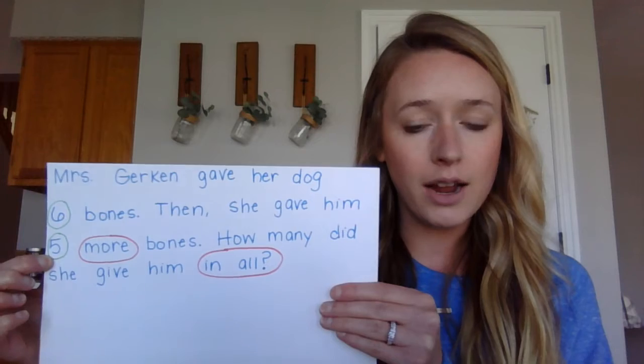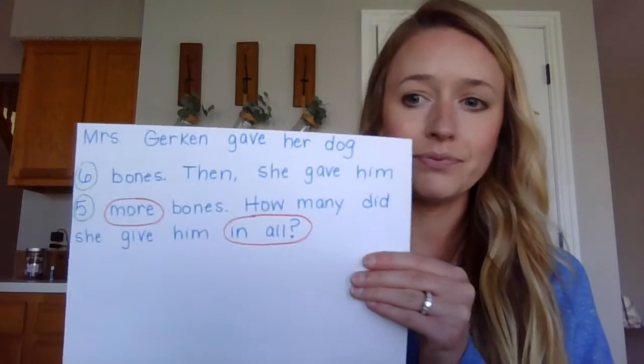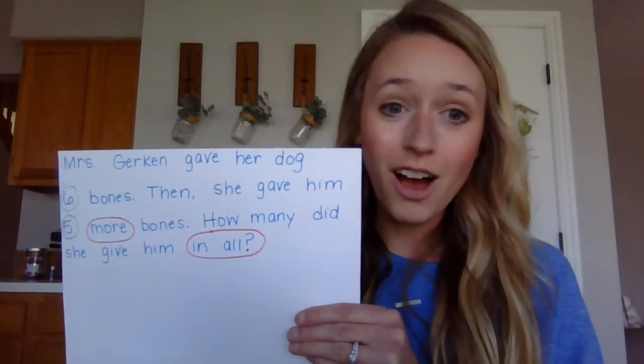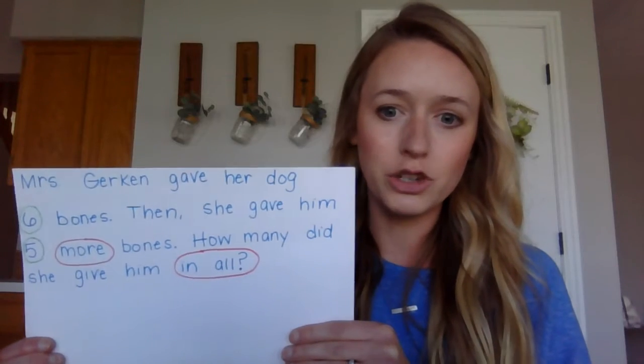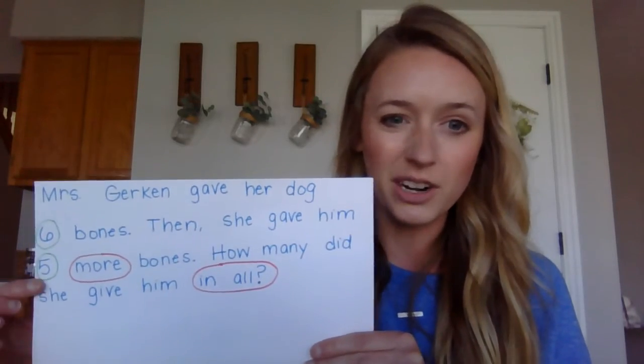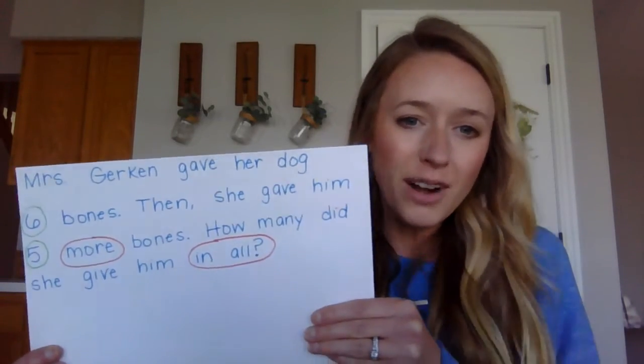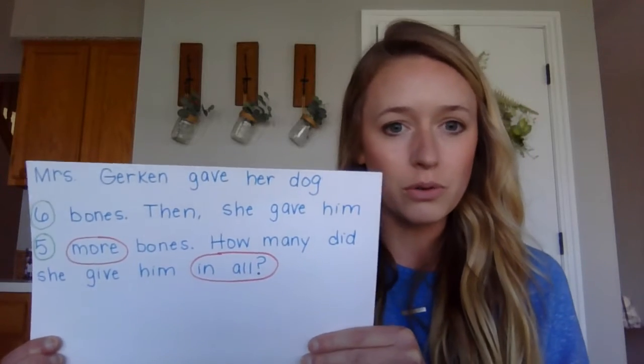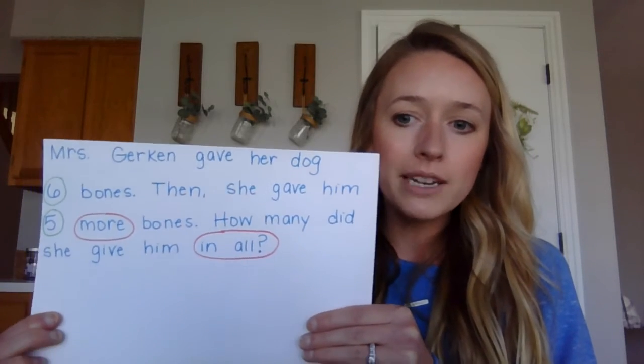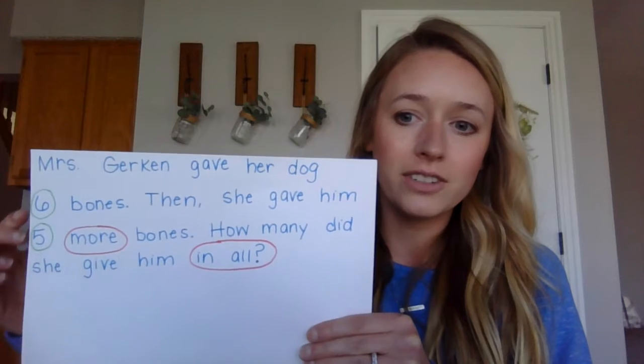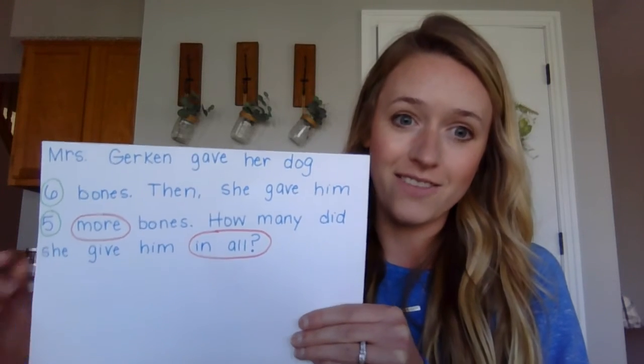And we also talk about how you don't have to draw a picture of what's in the story. It says bones. You don't have to draw bones. You could draw circles or X's. So I'm going to go ahead and draw my picture of 6 things and 5 things.